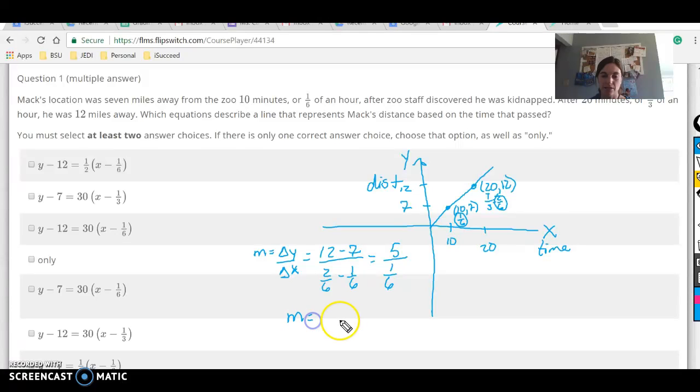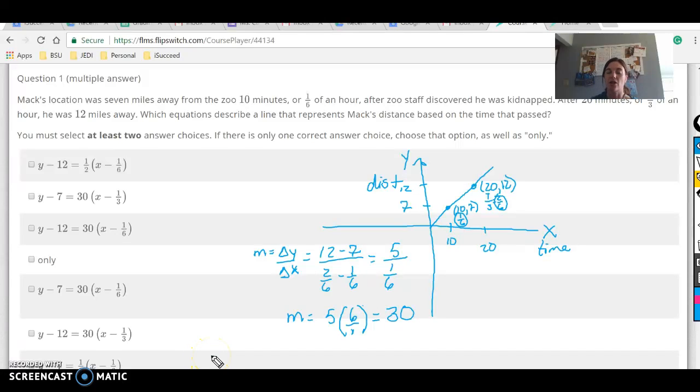So in this case, slope equals 5 times 6 over 1, which is 30. 30 over 1, but that's the same as 30. So I can narrow down my choices here to have any of the answers with a slope of 30 will work.